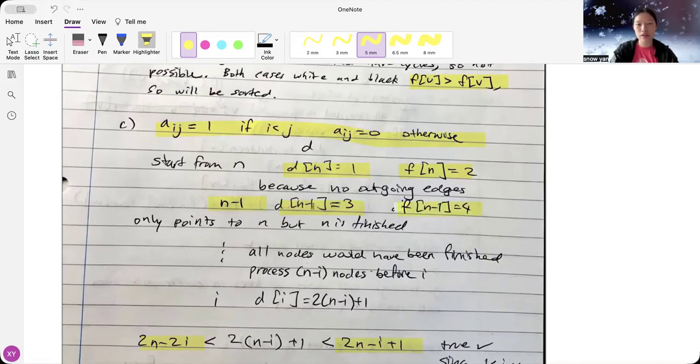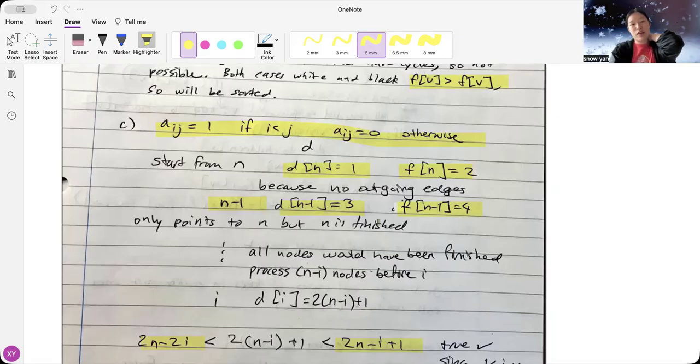If there were anything else, it would not have worked, because the only outgoing edge is to n, and n is already visited, so it's not possible. That's why the discovery time is 3 and the next one is 4.